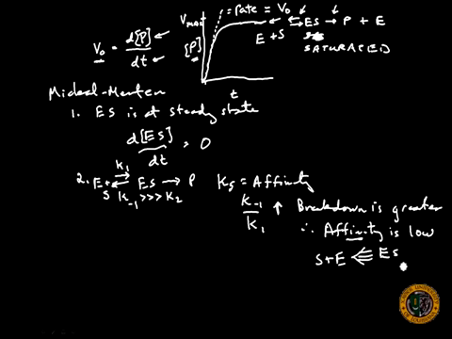So we have a low affinity for enzyme substrate. And of course the opposite is if our K minus 1 over K1 is low, that means our denominator is large, and so affinity is high.